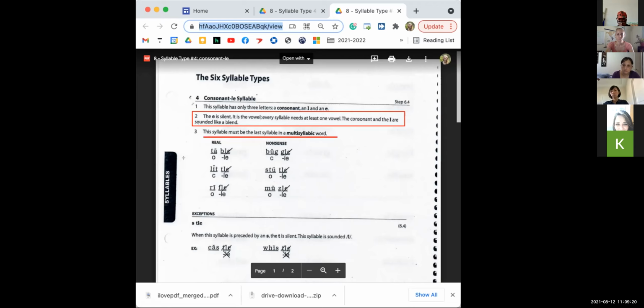Here are some examples. Table, like Lilia just gave us. Table. Little. Rifle. Buggle. Studdle.